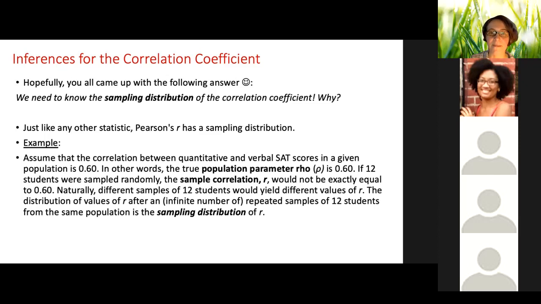If we draw different samples of 12 students, each time we would get a different value for r. If we do that an infinite number of times, drawing 12 students over and over again and calculating the sample correlation for each sample, then we will end up with our sampling distribution for this sample statistic r.